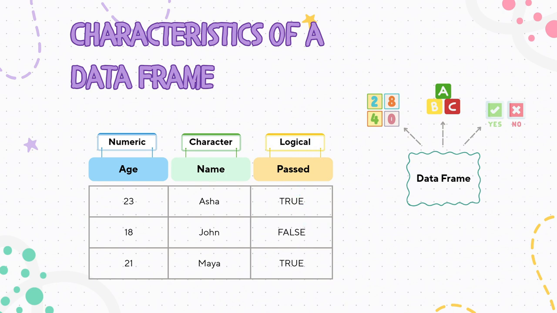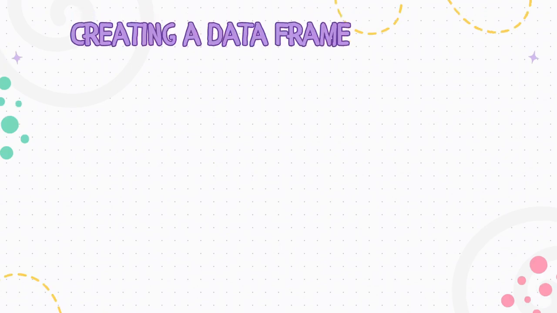This combination of different data types inside a single data structure is what makes data frames so flexible and widely used. And now that we understand the concept of data frames visually, let's learn how we can create data frames, and later we'll create an actual data frame inside our R compiler as well.